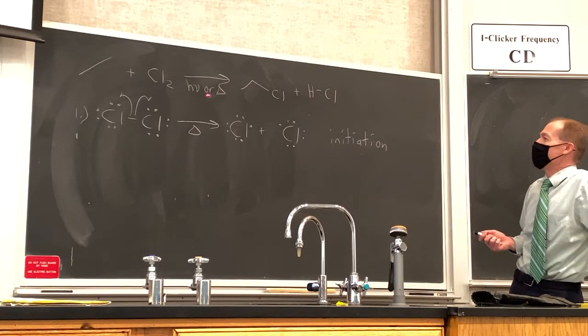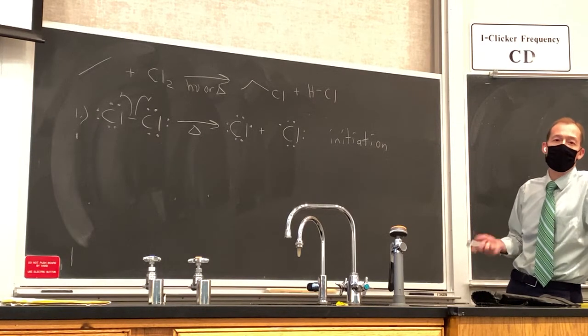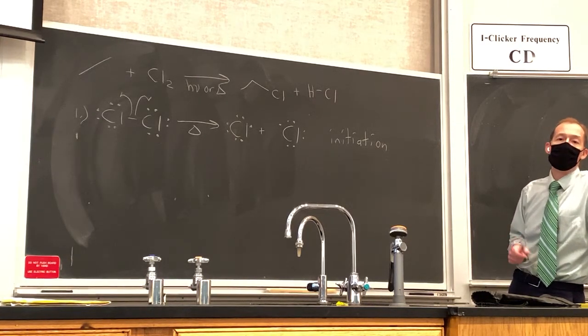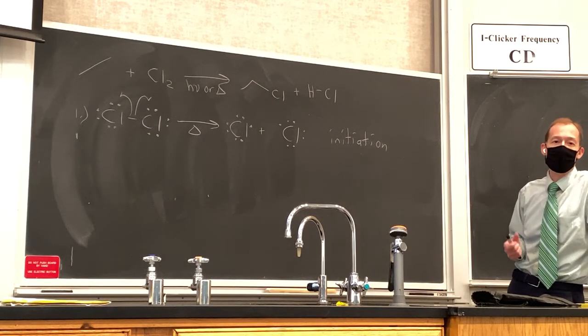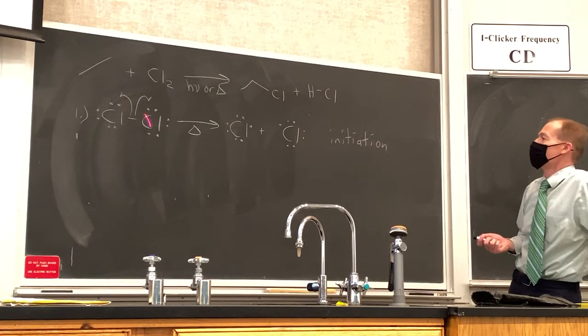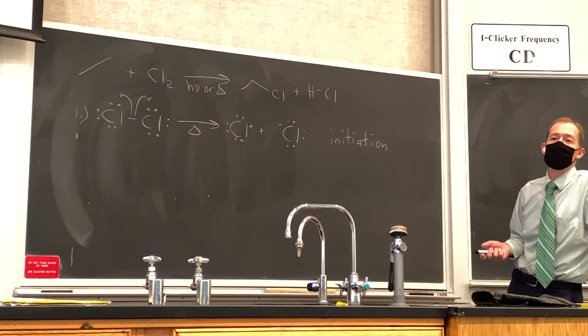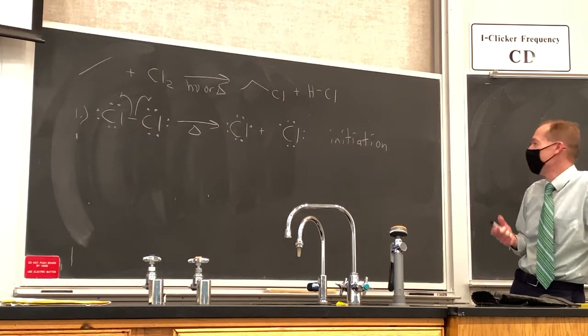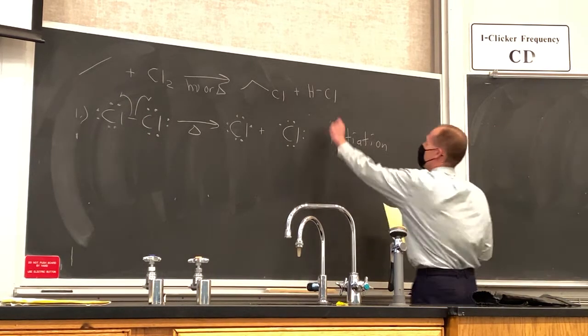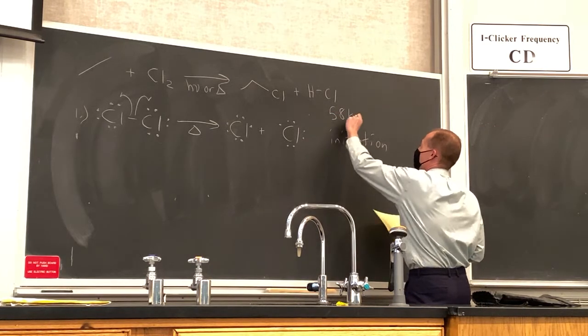You'll notice that as we heat up this mixture of ethane and chlorine, the weakest bond in the system is the one that is cleaved homolytically. The bond dissociation energy for Cl2 is 58 kcals per mole. I'll just go ahead and write that right here.